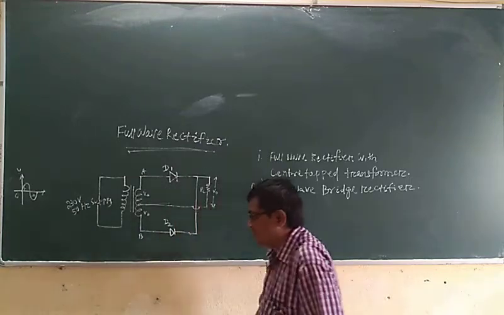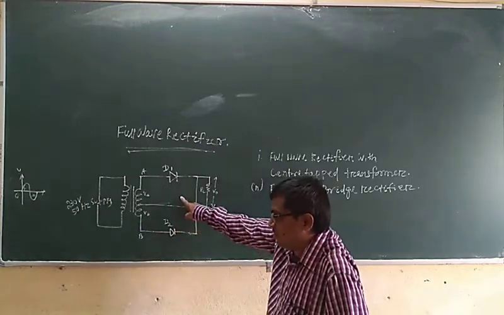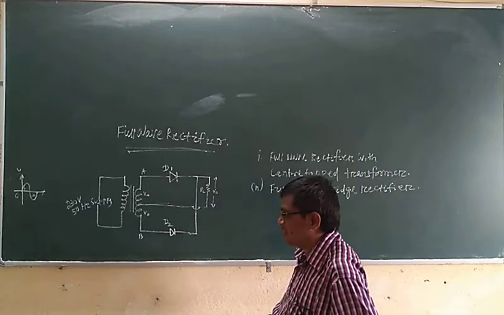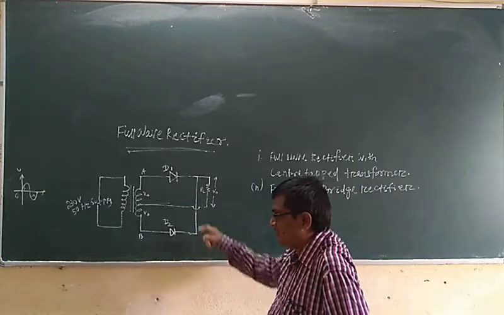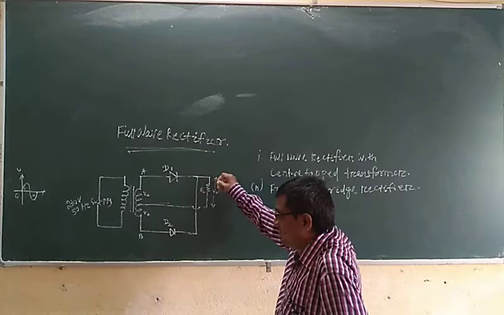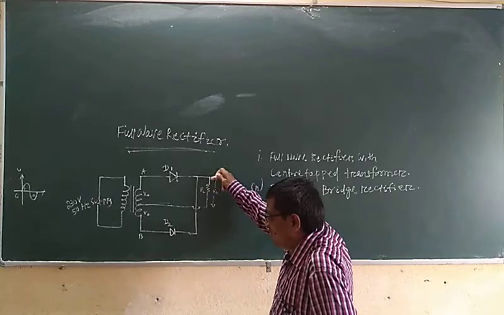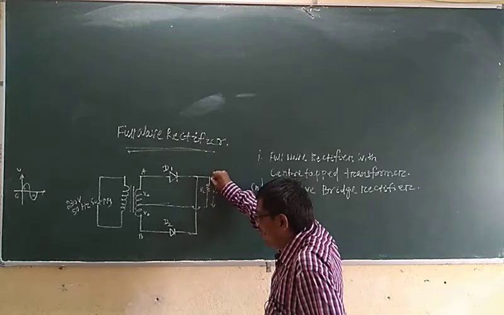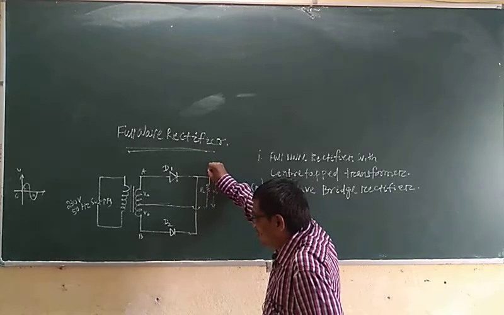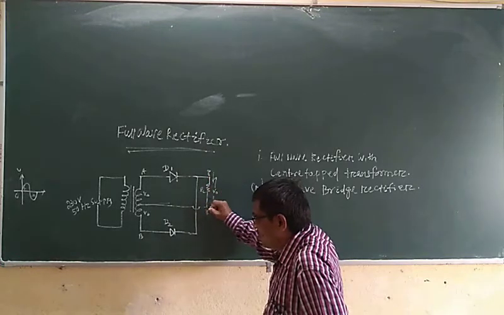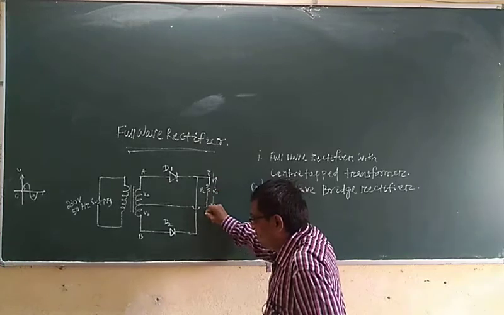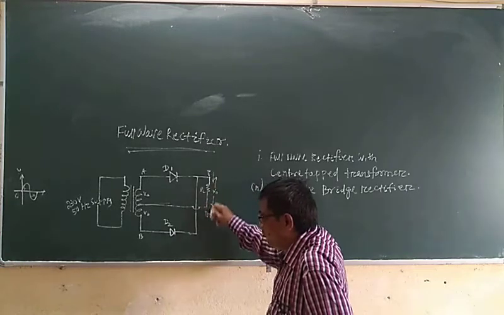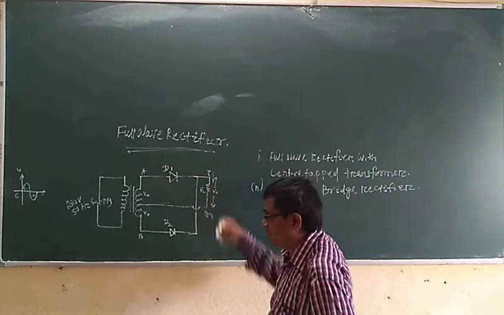Now see, this circuit is the full wave rectifier circuit. The output current passes through the load resistor in that direction. Now this is P and this is Q. The current will pass from P to Q; that is the direction of current.